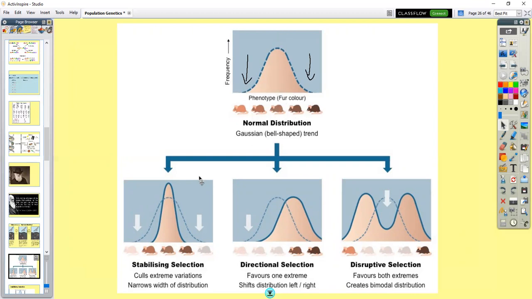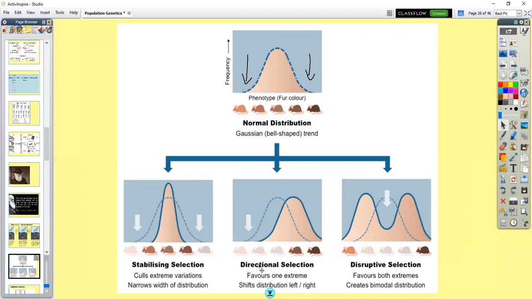With something called stabilizing selection, you get pressure at both of the extremes. So it may be predators, it may be lack of food, lack of space, whatever, tends to be predation. There are pressures that cause the variation within the population to narrow, as you can see here, or there's your normal curve. We get selection pressures at both extremes, then your curve becomes narrower. So more of them are found around the middle.